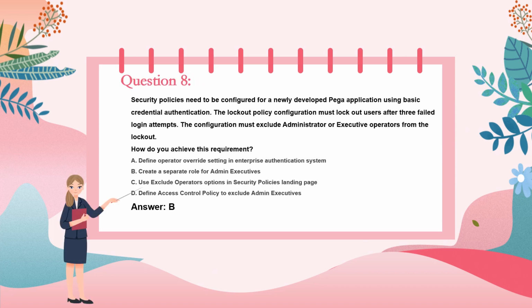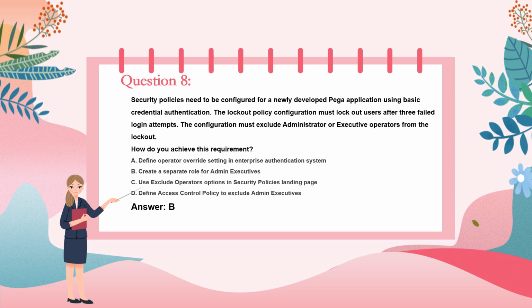Question 8. Security policies need to be configured for a newly developed Pega application using basic credential authentication. The lockout policy configuration must lock out users after 3 failed login attempts. The configuration must exclude administrator or executive operators from the lockout. How do you achieve this requirement?